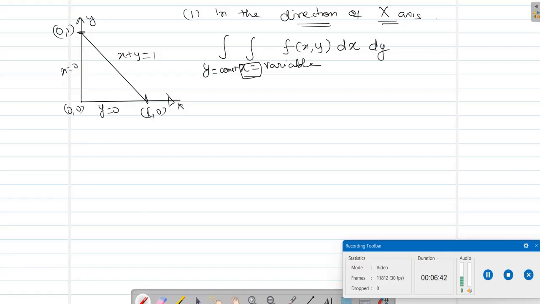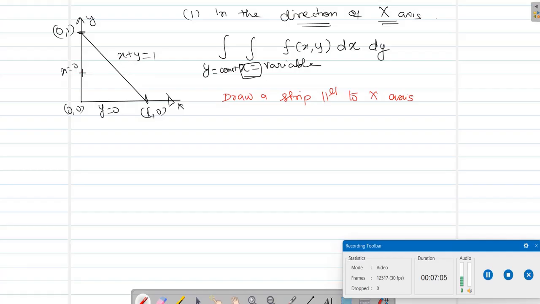What you will have to do is draw a line, or we can say it is going to be a strip parallel to the x-axis. If we want to fix the limit as variable in the direction of x, then draw a strip parallel to the x-axis.